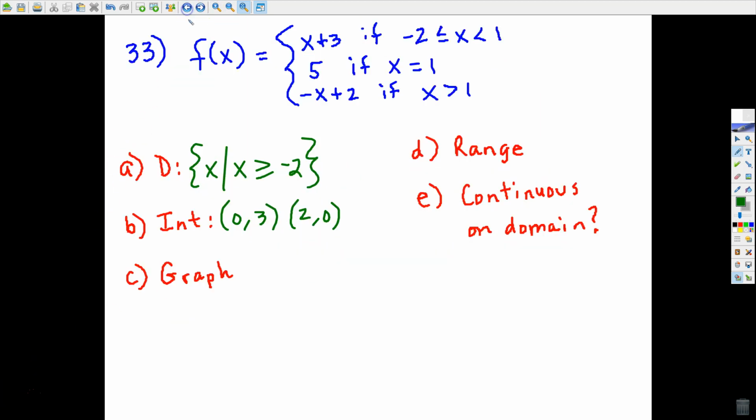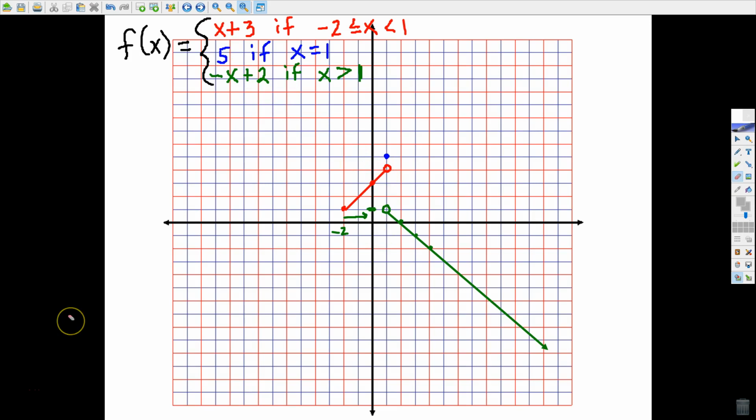All right, so let's state the range. The range is going to include this blue point that we identified as this middle piece. So we're definitely going to have 5 as part of the range.